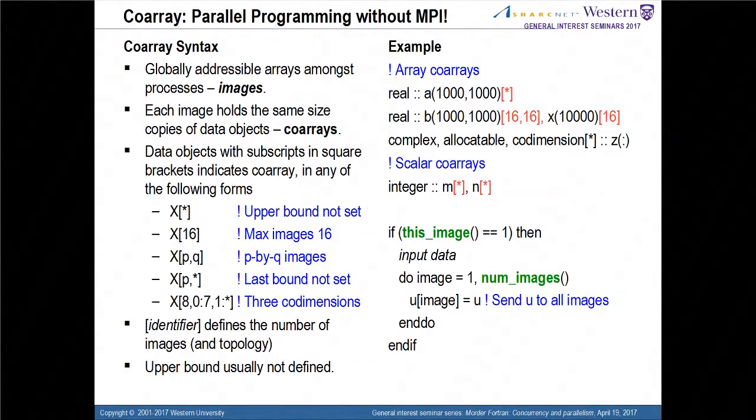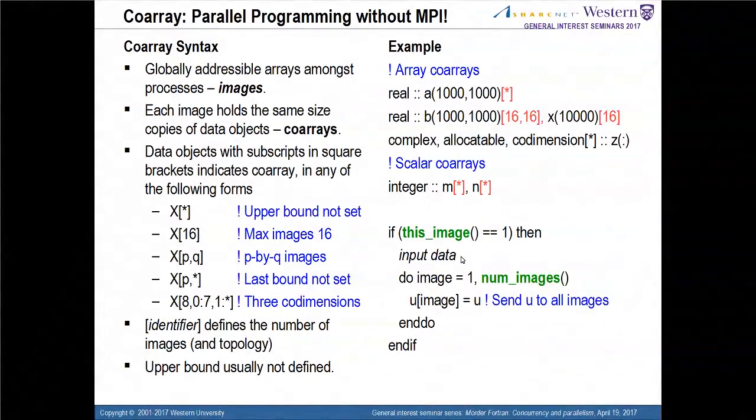Each participating instance of the running program is called an image. So depending on the ID of the image returned by this function, if the ID is 1, then I do this.